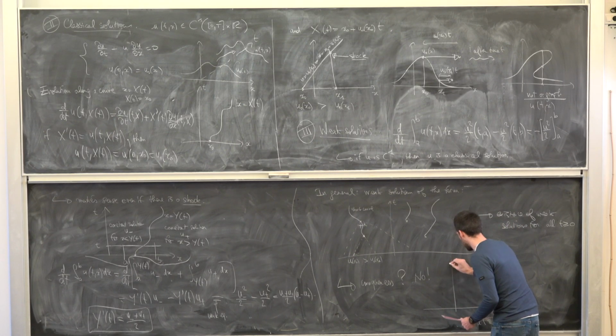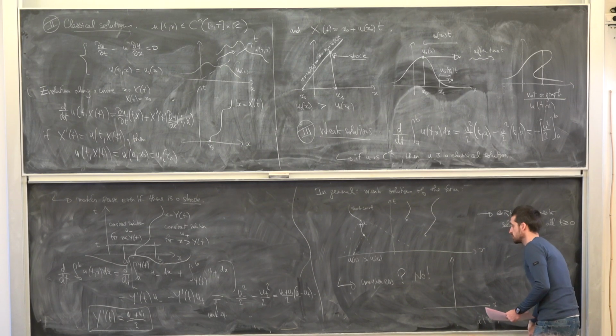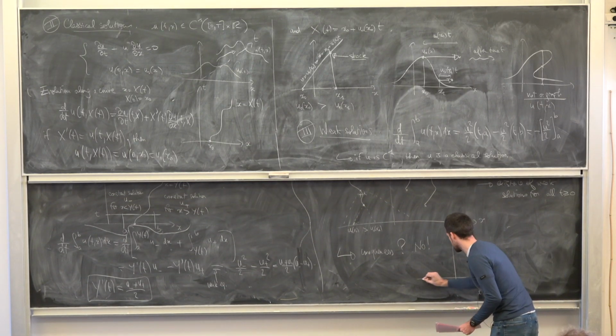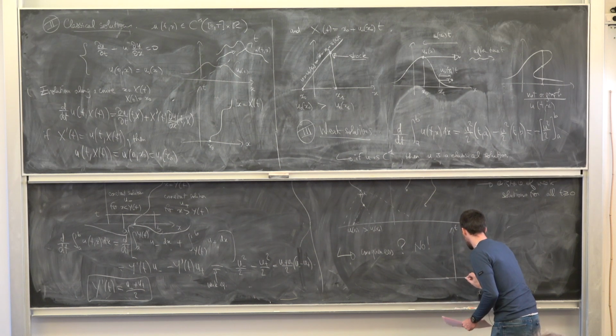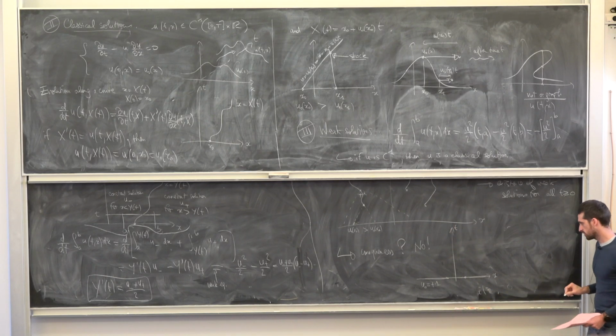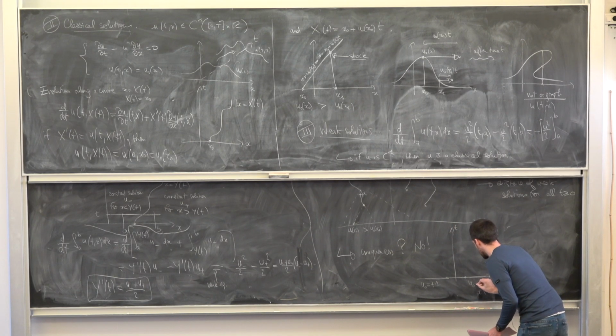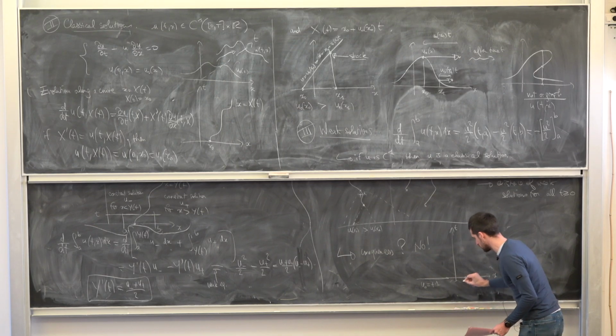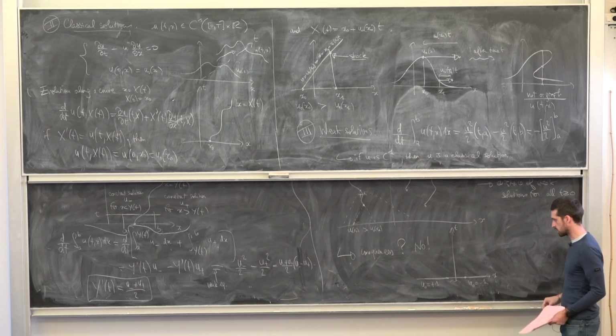Let's say, okay, I'm always doing my pictures with space and time. Let's say you have a solution here, say my initial data were equal to +1 on the left, -1 on the right, and say here it does whatever you want between -1 and +1.